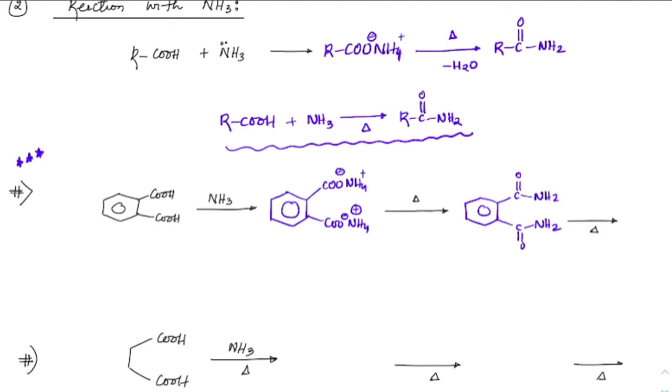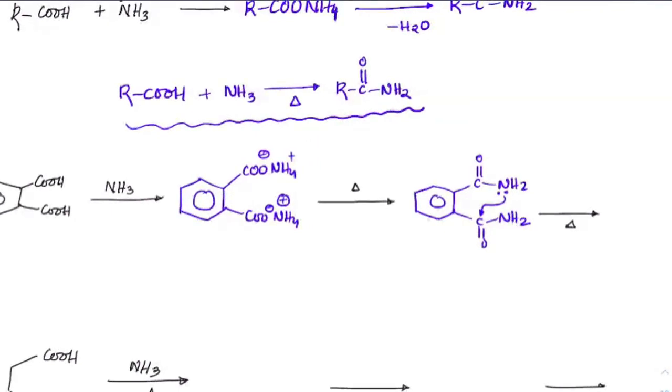Now this is an intermediate product, honestly, because I've written heating on two sides here, but this is like an intermediate. See what happens after this. This lone pair present on this nitrogen will further attack this carbon, right? As it attacks, it will extract a proton, and this NH2 and this H will leave as NH3.